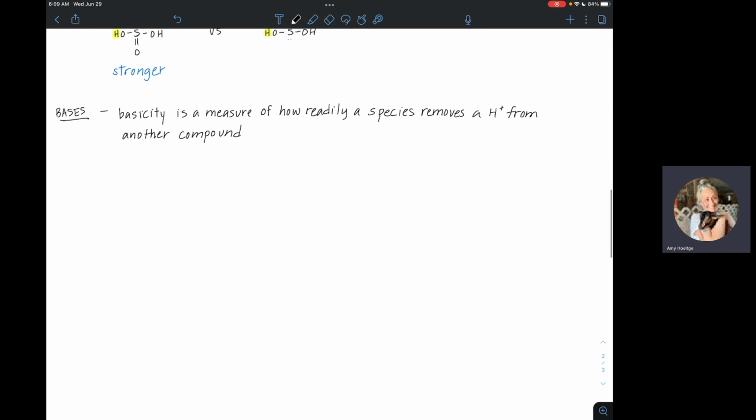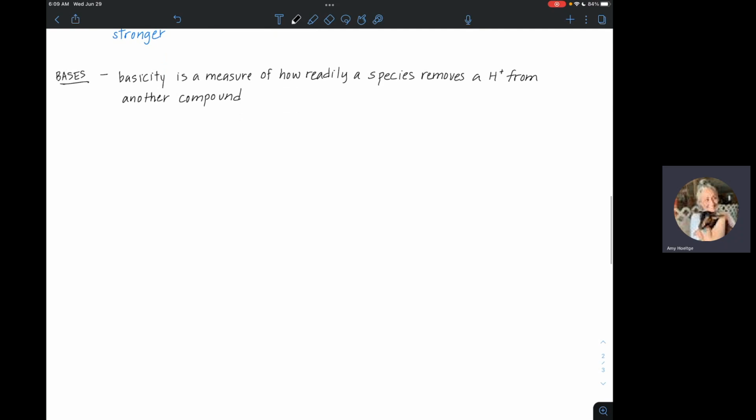So we're looking for, in general, a compound that has an element with a lone pair of electrons that can be used to grab an acidic hydrogen from another molecule. So the basicity in general is a measure of how readily a species can remove a proton from another compound.